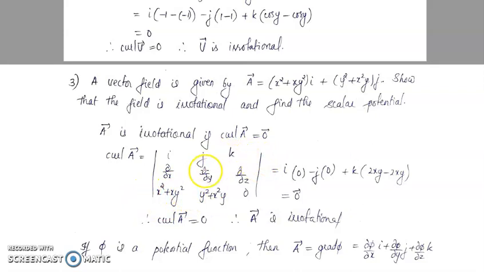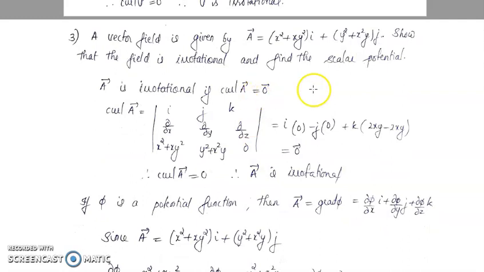Then k times dou by dou x of y square plus x square y, so that is 2xy, then minus 2xy when you take dou by dou y of x square plus xy square. So therefore all the components will be 0. So A turns out to be irrotational.